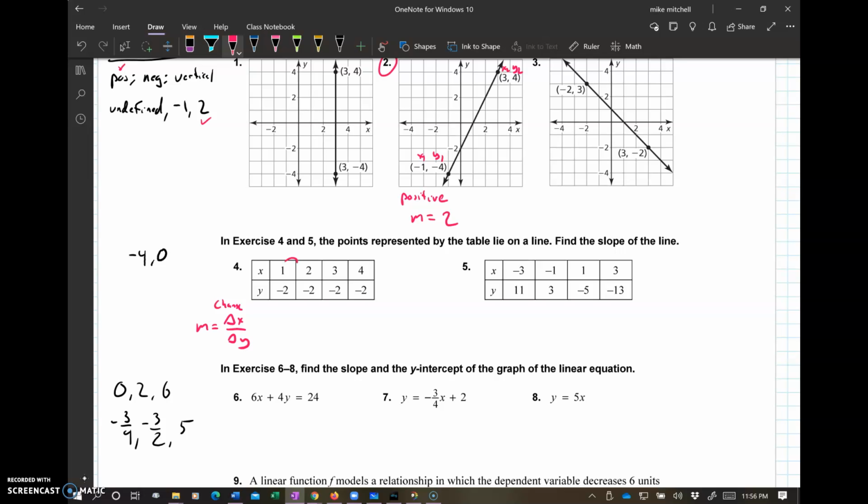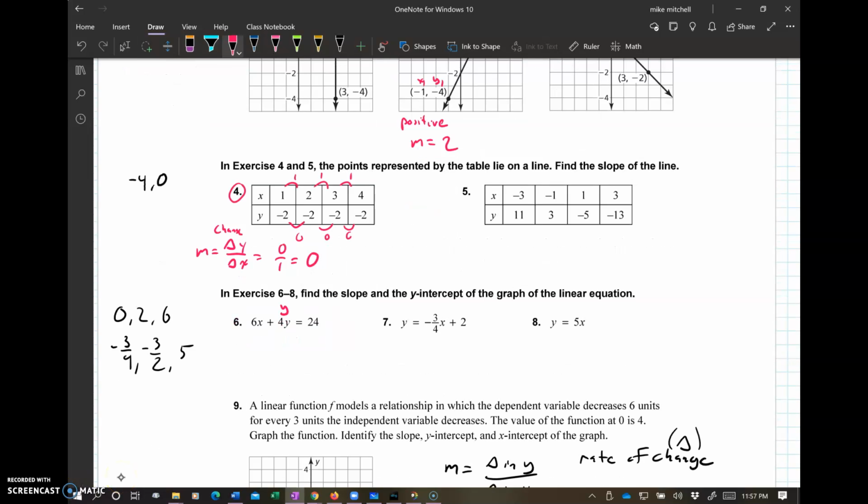So if I look here, my change in x is 1. I got this backwards. This should be change in y over change in x. My change in y is 0. This equals 0 over 1. That's a slope of 0. That's going to be a horizontal line. y equals negative 2, I bet. And that's all you're doing to find the slope with those.